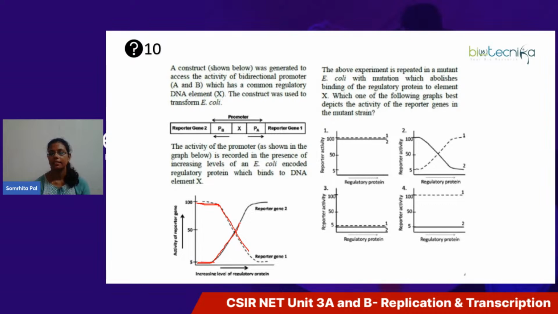Right? So when there is no regulatory protein, then what will you get? You will get the basal transcription only. So wherever you had gene 2, you will get the basal transcription of gene 2, and gene 1, like that.